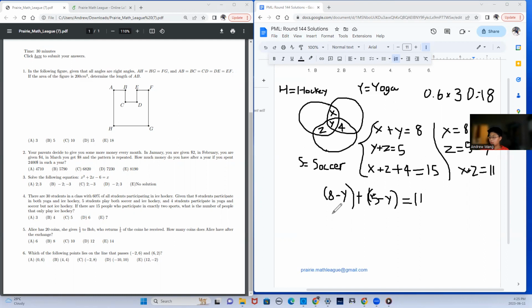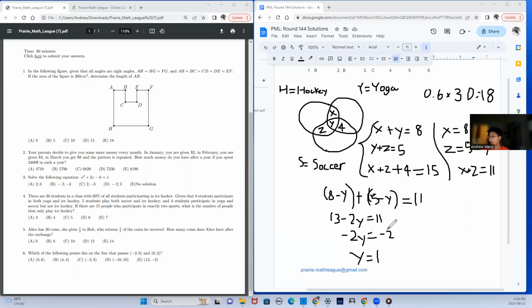And this, once solved, is 13 minus 2Y equals 11. So negative 2Y is negative 2, and Y equals 1.